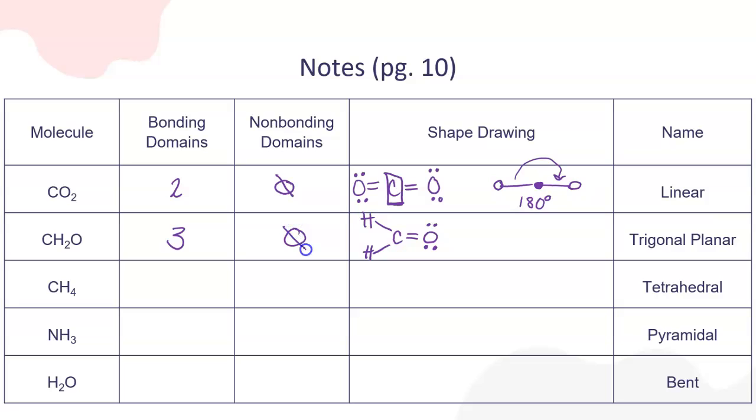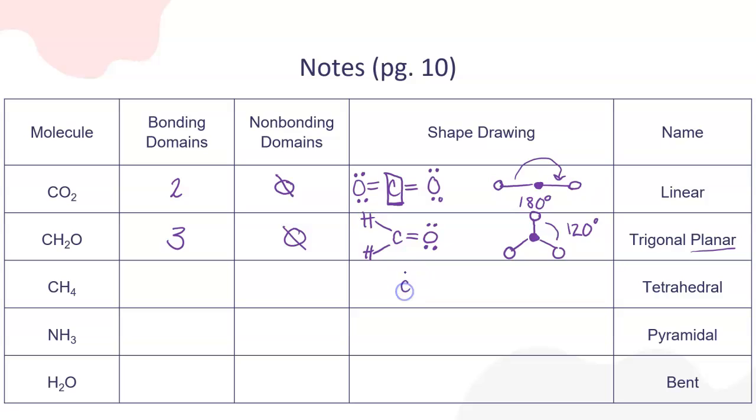There are no non-bonding domains, so when we draw it, it's just going to have 3. And so that is trigonal planar, and the bonding angle here is 120 degrees. It looks like a triangle, but it's planar because it's flat.